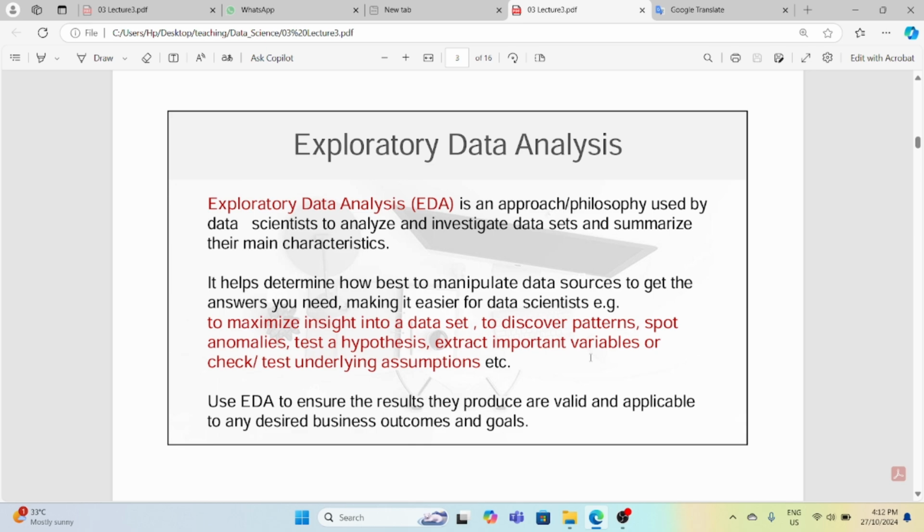Exploratory data analysis is an approach or philosophy used by data scientists to analyze and investigate data sets and summarize their main characteristics.